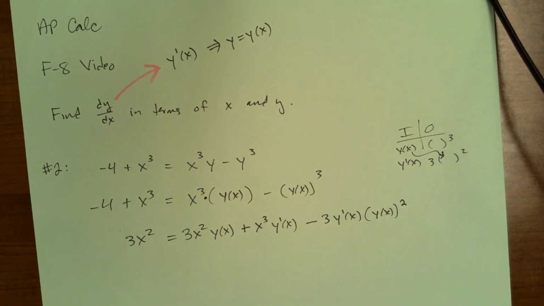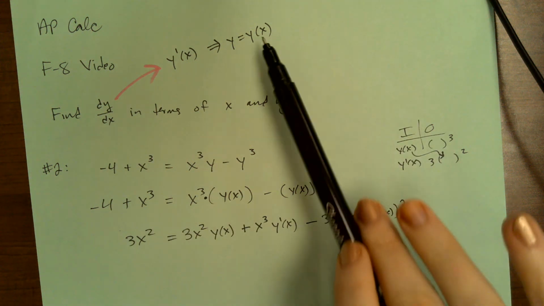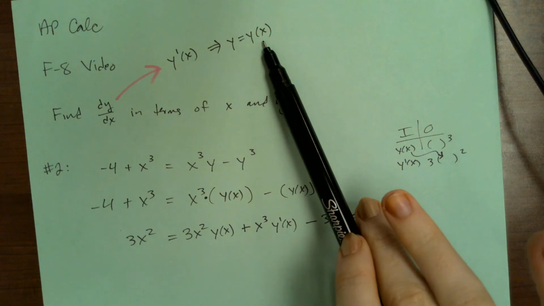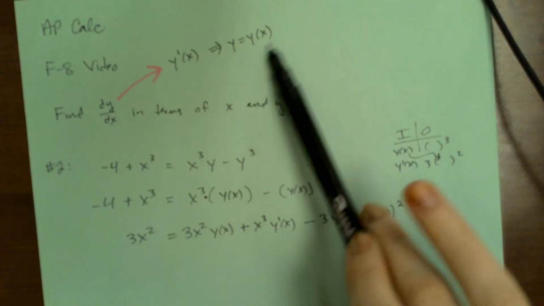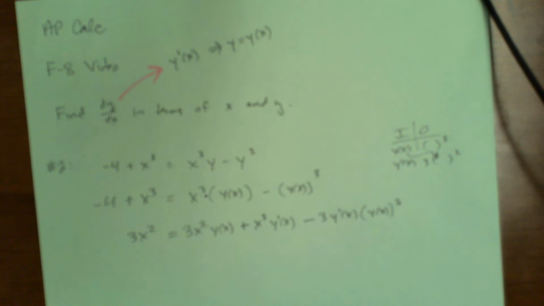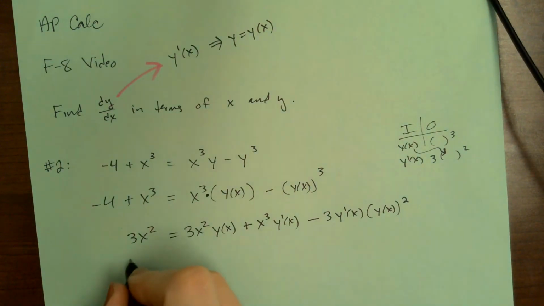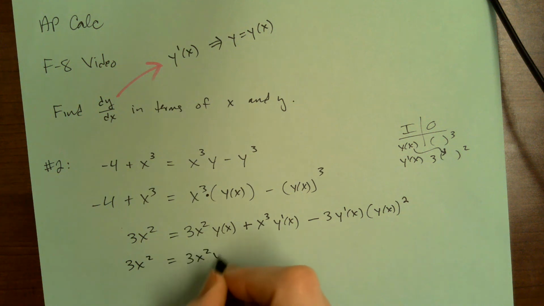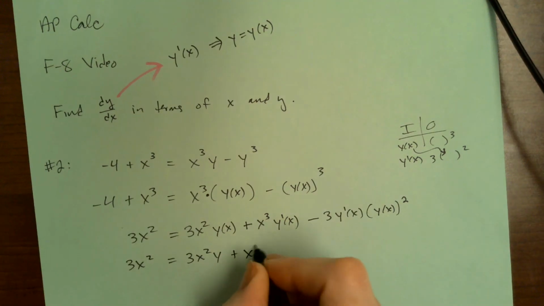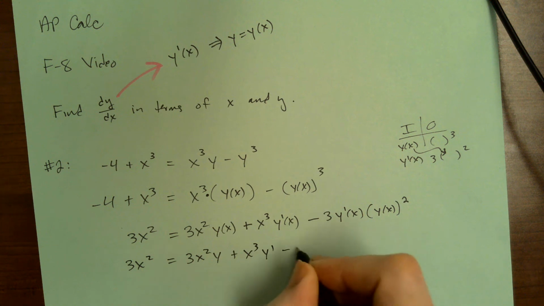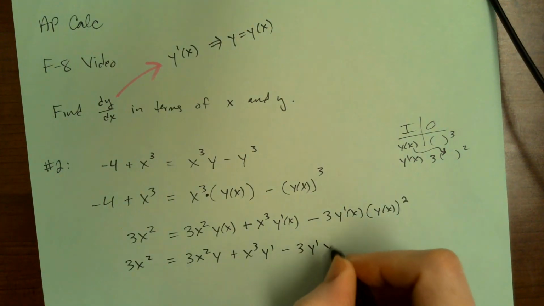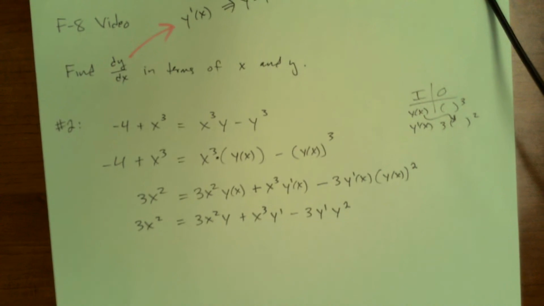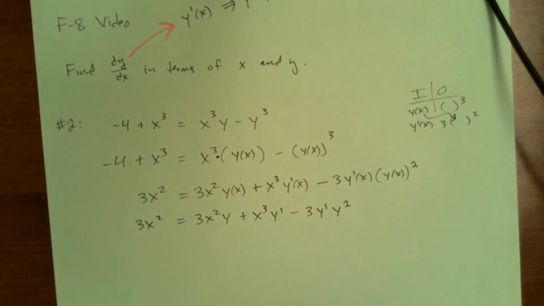Okay, now I'm going to drop the function notation. So first in this line, I replaced the y's with y of x. Then I took the derivative. Now I'm going to go back. Wherever I had a y of x, I'm going to put a y instead, because it's just way easier to work with that. So this is 3x squared y plus x to the third y prime minus 3y prime y squared. Then you've got to solve for y prime.